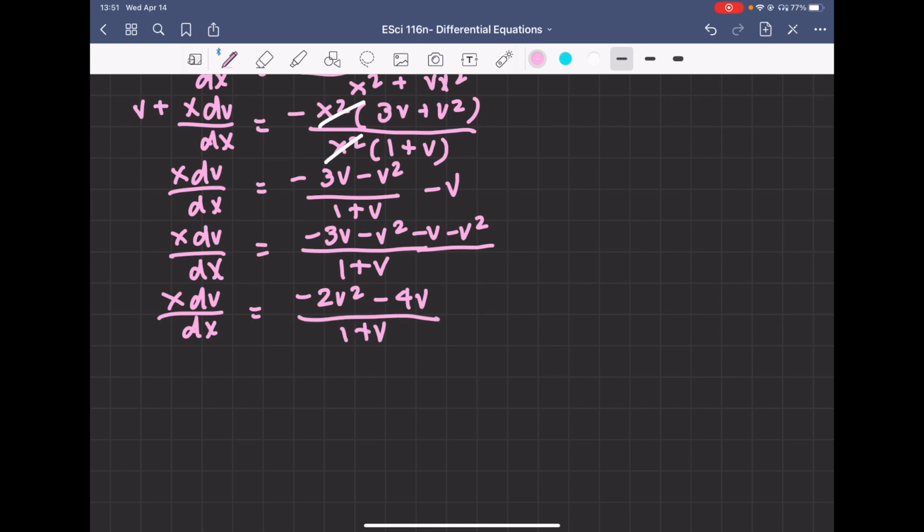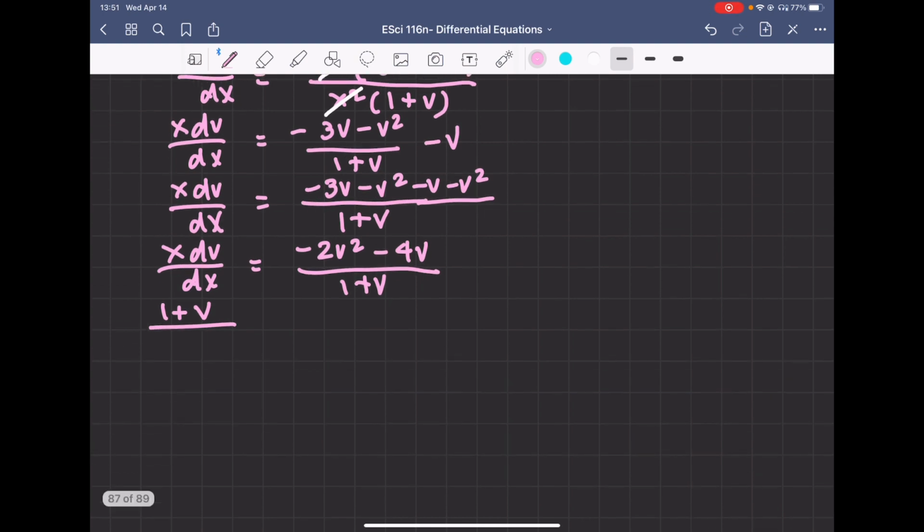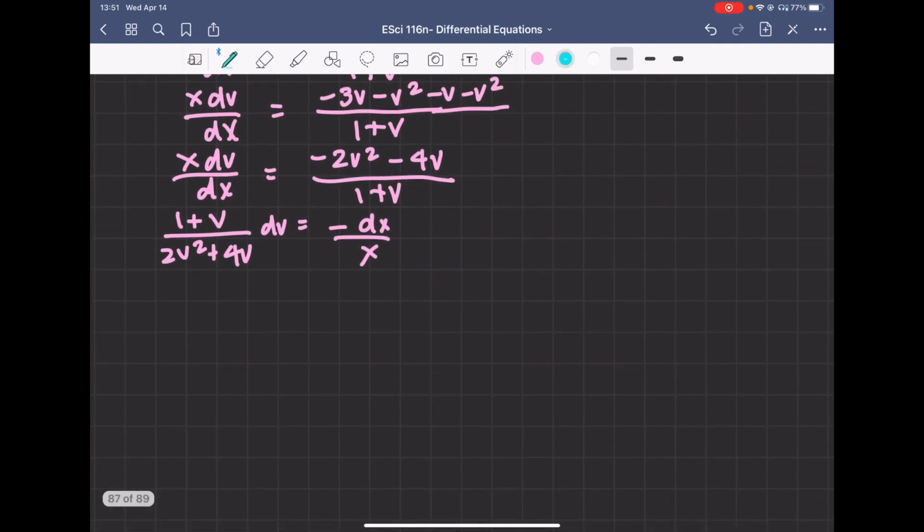Now putting all of the v's in the left side and all of the x in the right side, we get 1 plus v over, again leaving our negative sign behind, in the right side we have 2v squared plus 4v dv is equals to a negative dx over x. So we can try and check if we can substitute the left side. That's u is equals to 2v squared plus 4v, and our du is equals to 4v plus 4.